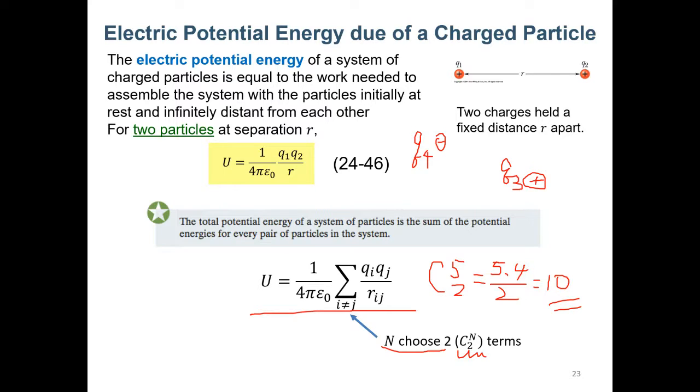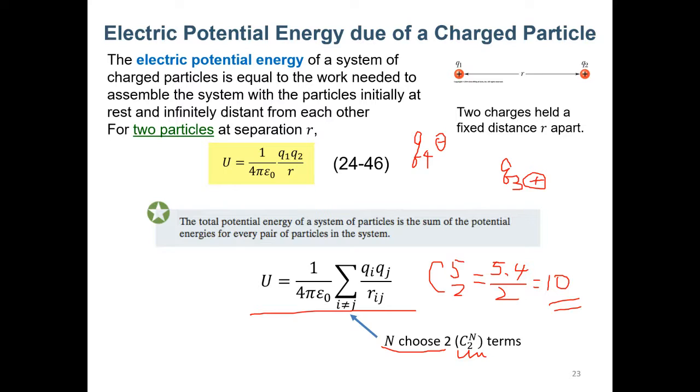Which means that for this case, Q1 and Q2, Q1 and Q3, and Q2 and Q3. So there are three combinations for 3 particles.